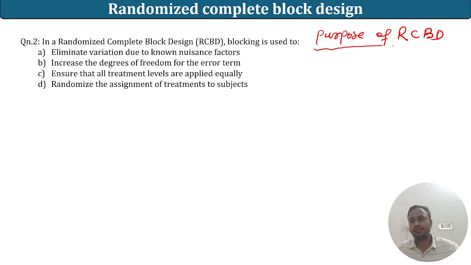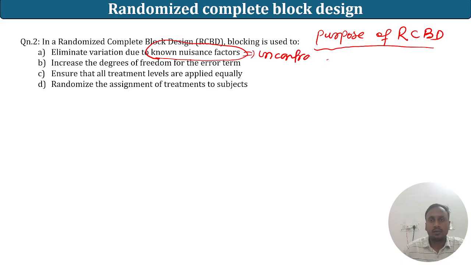Tell me. Eliminate the variation due to the known nuisance factor. It means uncontrollable factor. It's the correct one. So with blocking, we are trying to reduce or eliminate the variation due to some sort of uncontrollable factor. So that is the correct answer.